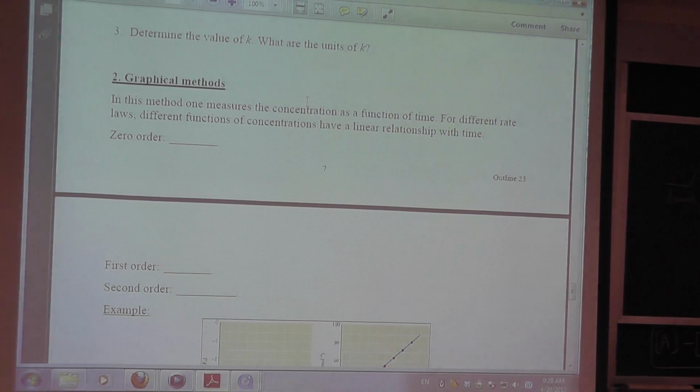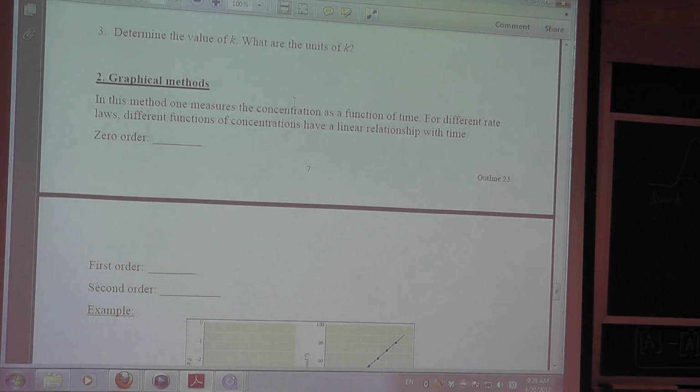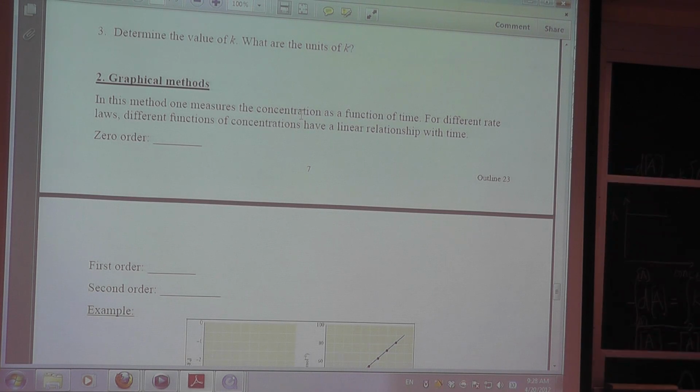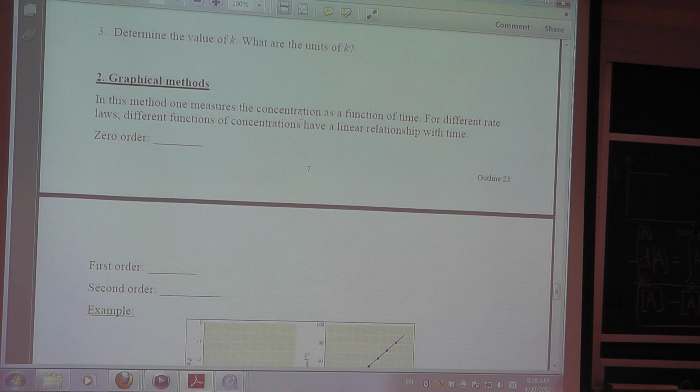All right, the second method is based on graphical methods. We measure the concentration as a function of time, and we plot different functions of concentration versus time. So let's go back to this example of a zeroth order reaction. To get a straight line, we plotted concentration versus time.